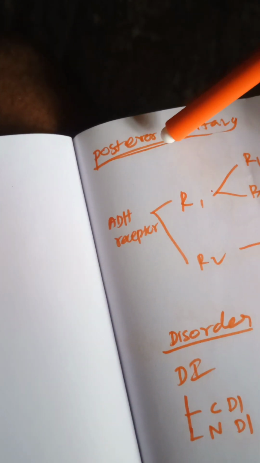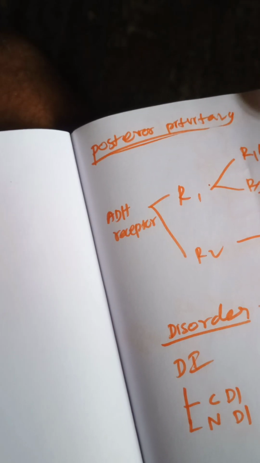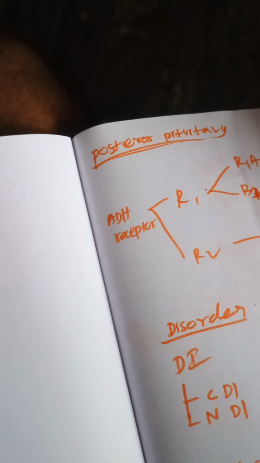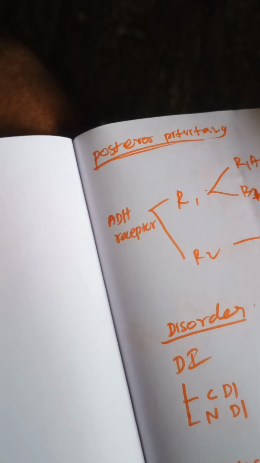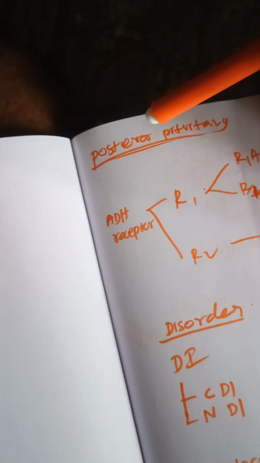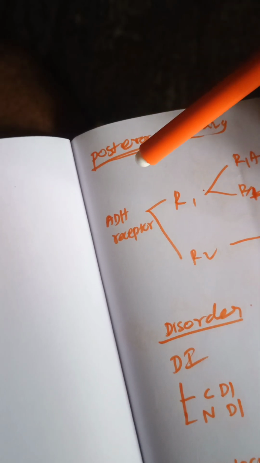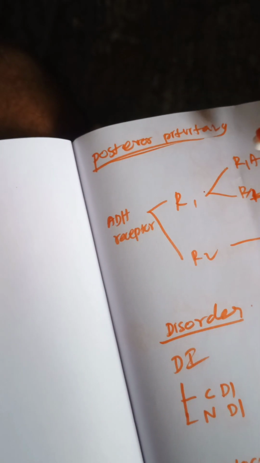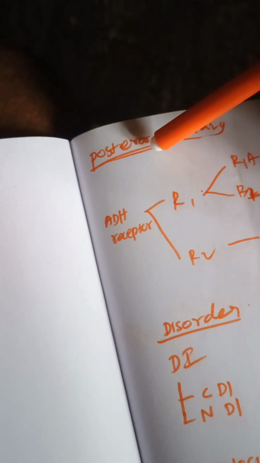Then we discuss the posterior pituitary. We will discuss TSH and ACTH separately in a separate video later on. Now about the posterior pituitary. The posterior pituitary is the neurohypophysis.